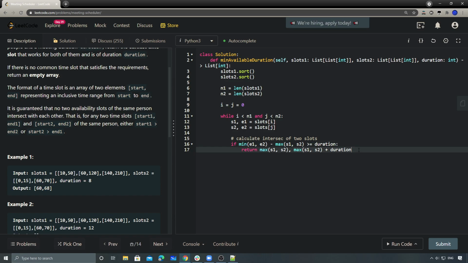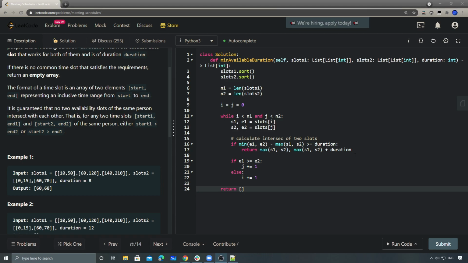Otherwise, like I said, if e1 is equal to or greater than e2, then we move the second one forward. Otherwise, we move the first slots forward by 1. And in the end, if we didn't find anything, return empty.